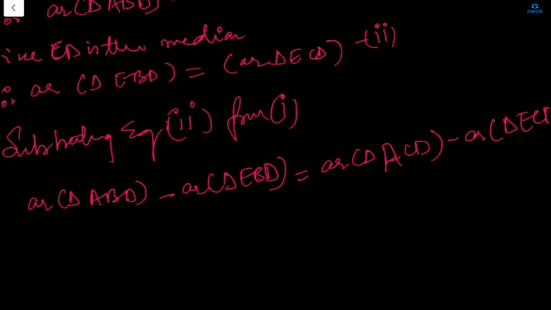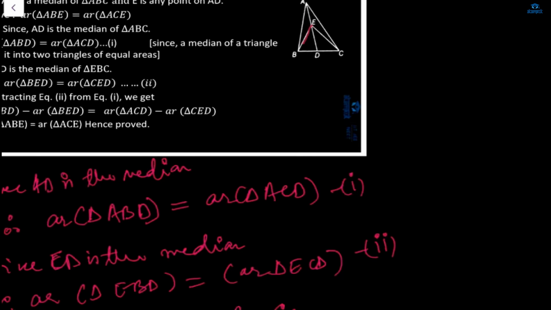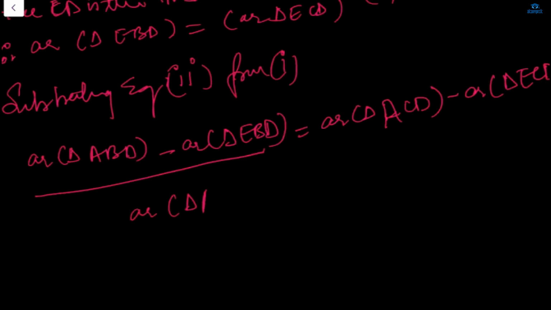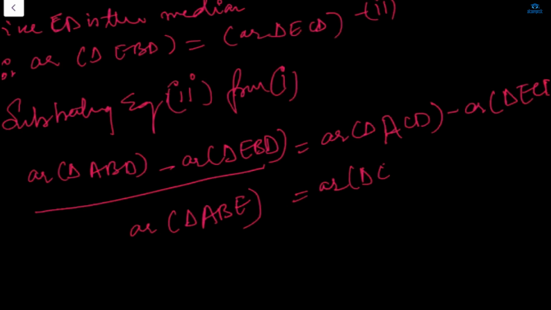If you minus this small portion from the bigger triangle, you get the remaining part ABE. So area of triangle ABE is equal to area of triangle ACE. Any doubt now?